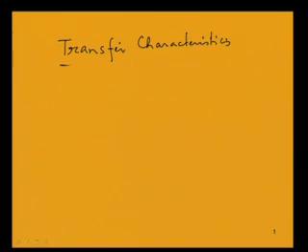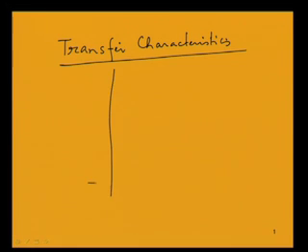We know about the VI characteristic, that is the characteristic between the drain current and the drain to source voltage for various values of gate to source voltage.